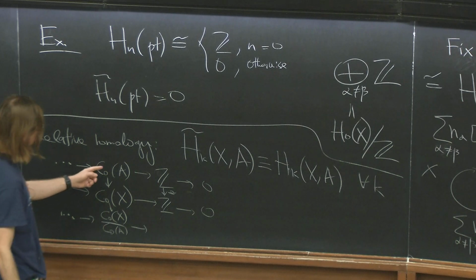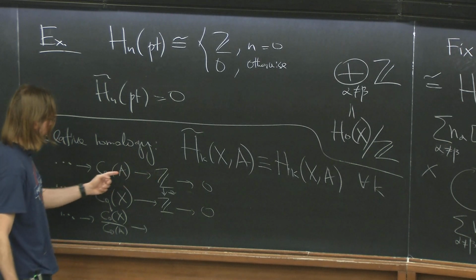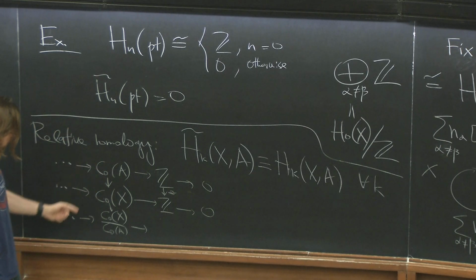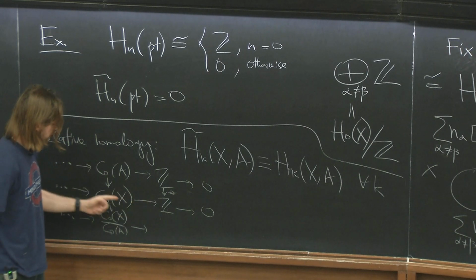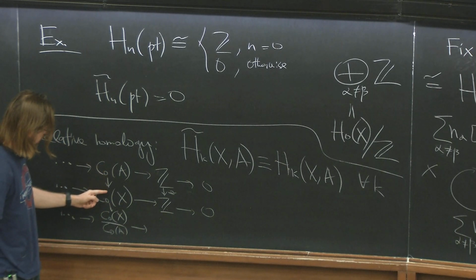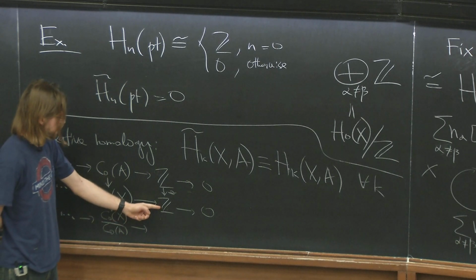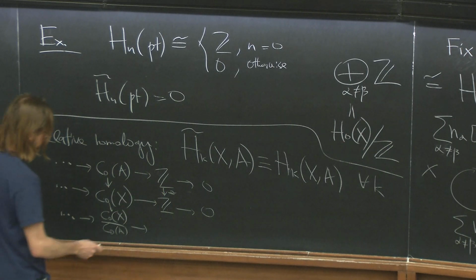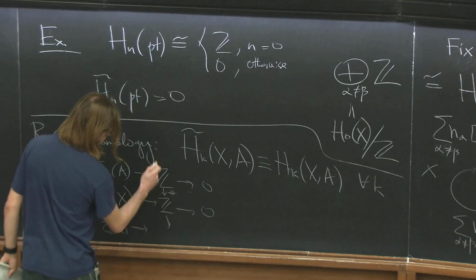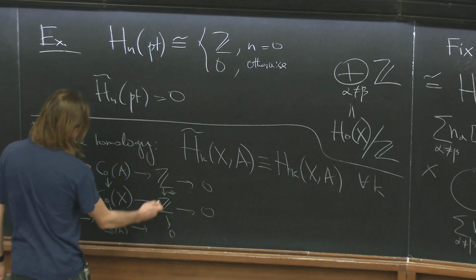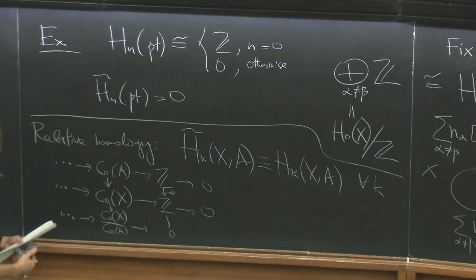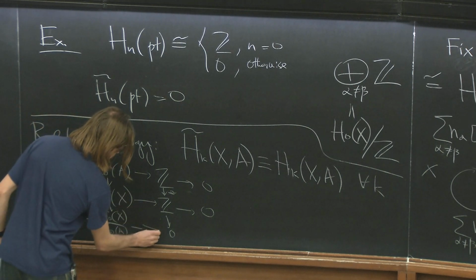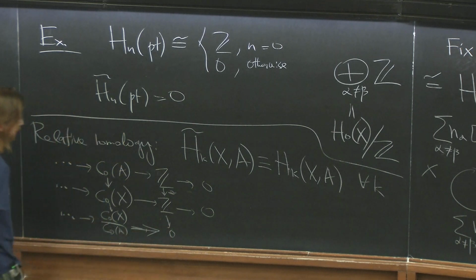Because here the result of this map is just the sum of the coefficients of my singular simplices, and here it's also the sum of the coefficients. If I consider this inclusion, of course it should be the same sum of the coefficients. So this should be just an identity, and then if I want a short exact sequence, it should again be a quotient map, but Z quotient over Z is a trivial group. So this we want to be 0 as before.